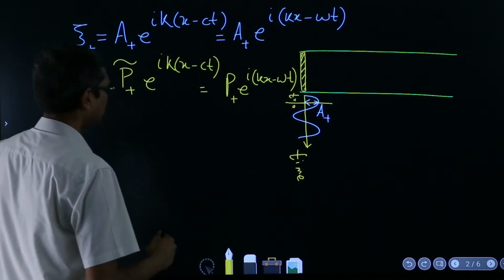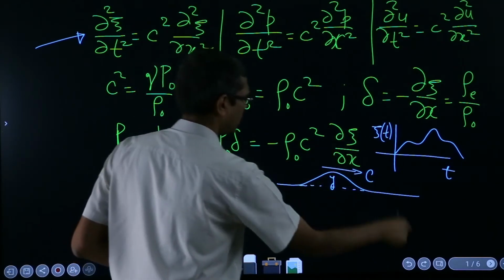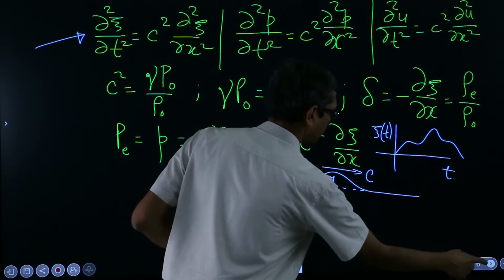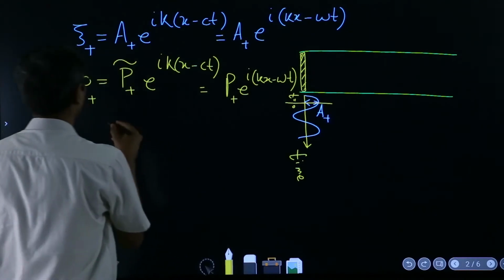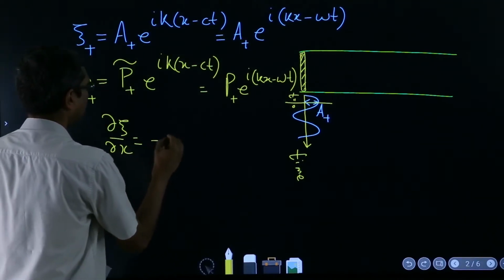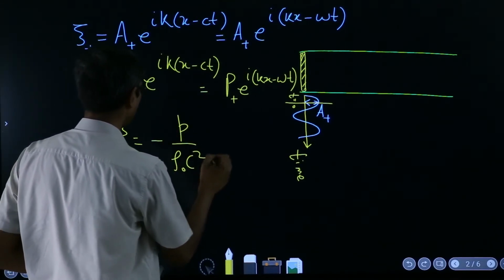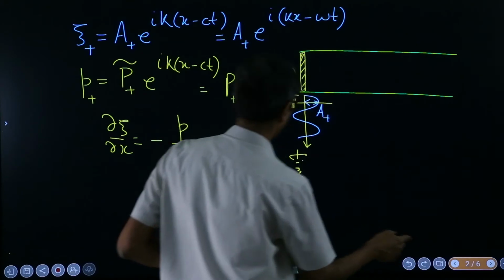To evaluate that in terms of this, you can simply use this expression, say d xi over dx. So d xi over dx will be nothing but p over rho naught c square, right? That was the expression.